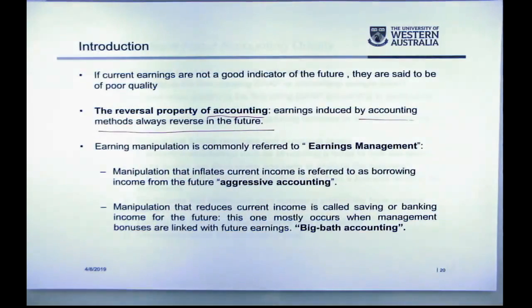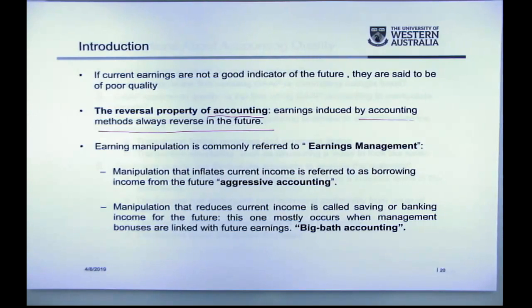Earnings induced by accounting methods always reverse in the future. Think about expenses that are capitalized. For example, assume that the firm capitalized a lot of repair and maintenance expenses. Capitalizing these expenses means that the firm is adding these expenses to the fixed assets rather than treating them as an expense.